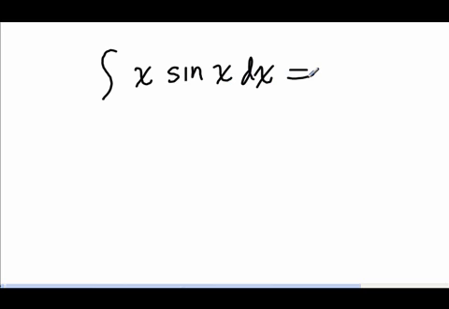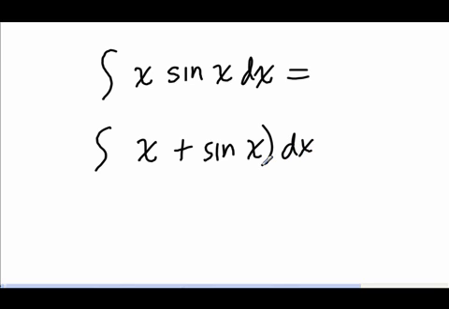Without getting into what this symbol means and what this is all about, just know this. It is much, much, much easier, and this goes for both differentiation and integration, it is much easier to integrate a sum or a difference than it is a product.